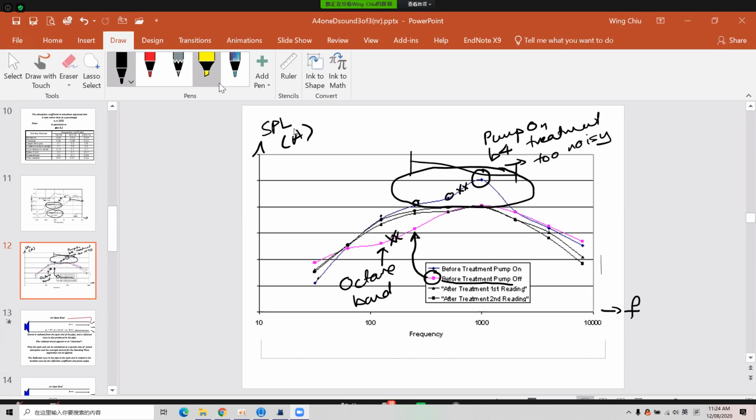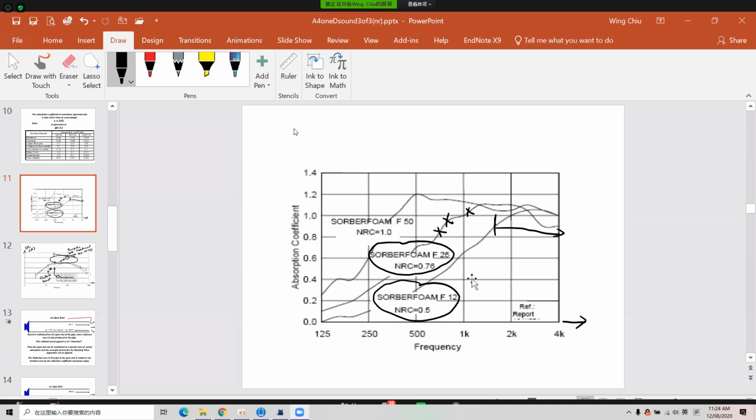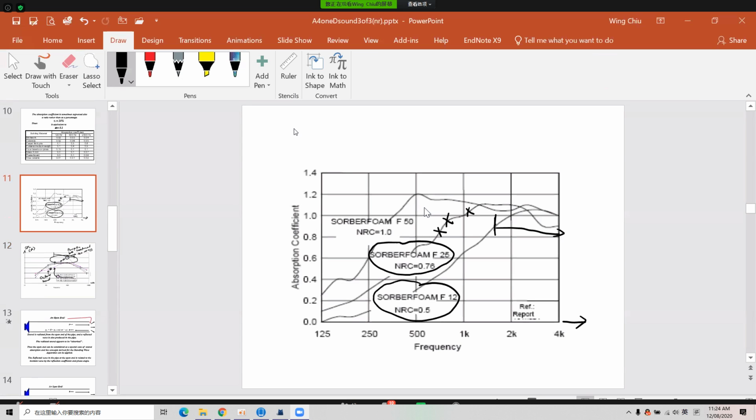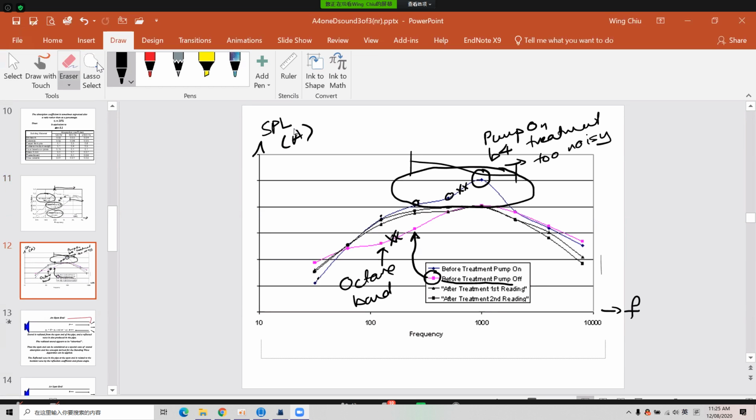So what we then did was look at what materials are available to us. In this particular example, I chose this material because I know it has very good absorption characteristics from 500 hertz onwards, which is exactly what this needs.